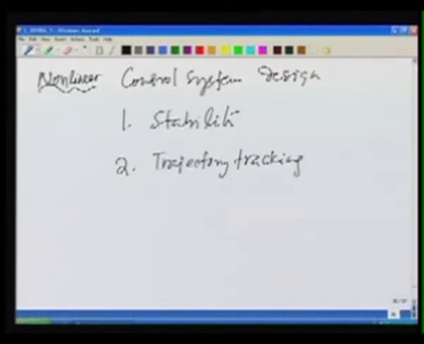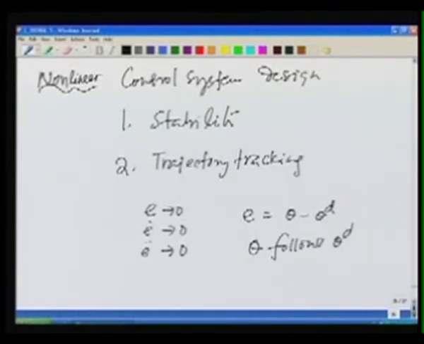In this case we showed using Lyapunov stability theory that E goes to 0, E dot goes to 0, E double dot goes to 0, where E is theta minus theta d. That means theta follows theta d. That is the objective of intelligent control. How accurately, we have not done here; this is classical control. These are the basics we must have.